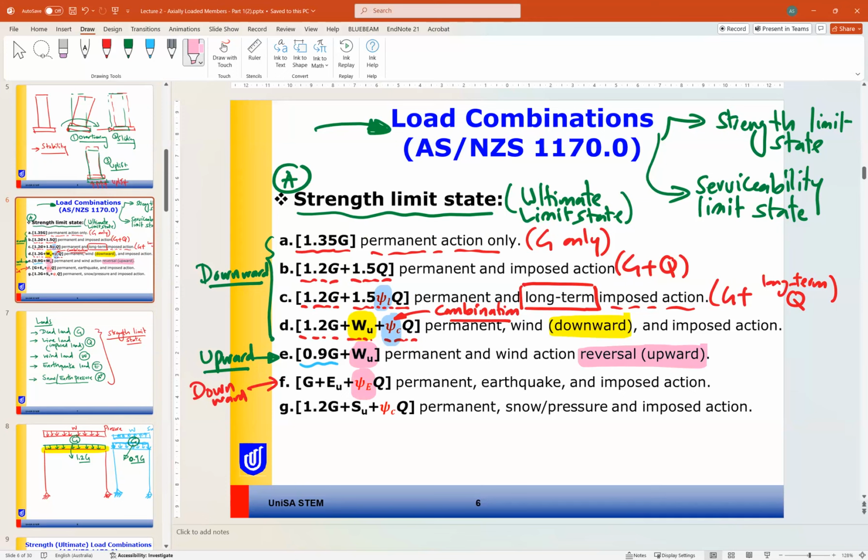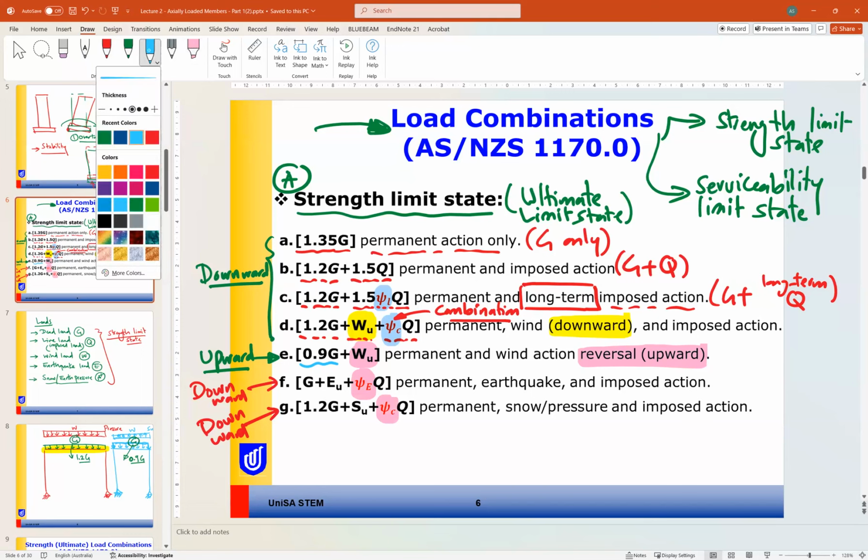And we have another formula, or the same formula, if we have snow or earth pressure and so on. In this case, we have 1.2 G, SU and psi C Q. So the parameter is psi C, and the factor for G is 1.2.